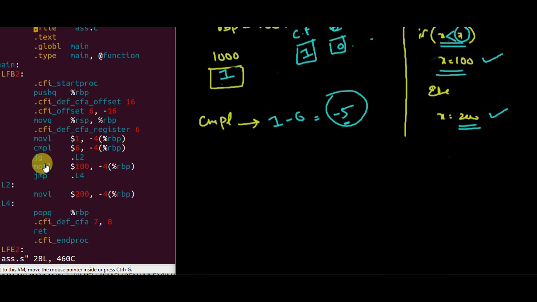So this statement will not be executed. Then it will come here, move the value 100 to this location, so this location is updated with 100. After this, jump to location L4, and here it will stop. So after this execution, x will be stored with 100. Here also we got the value as 100. So this is how internally this condition works.